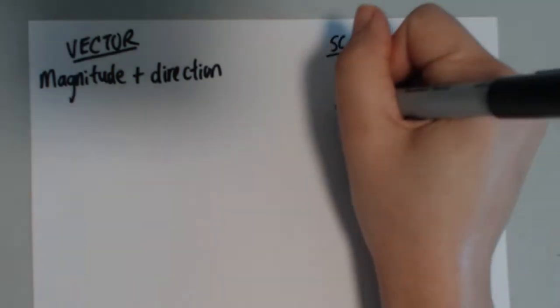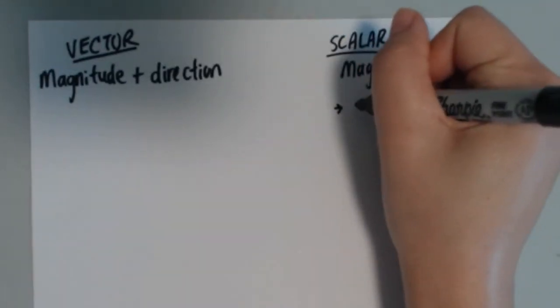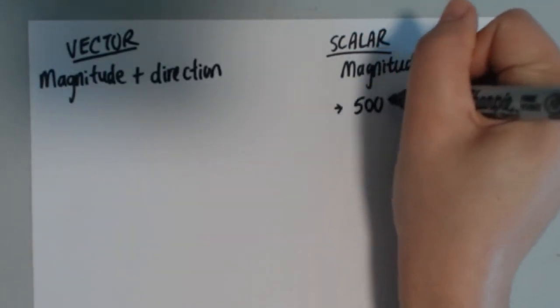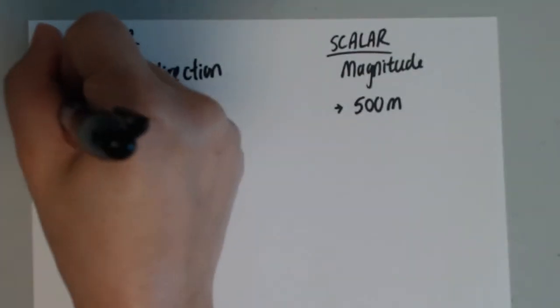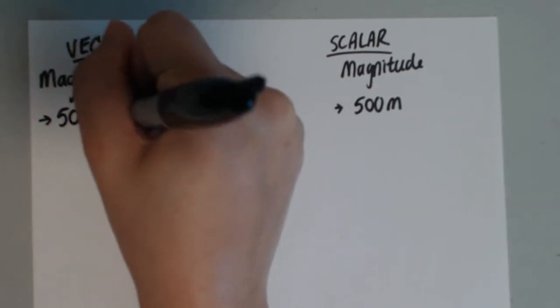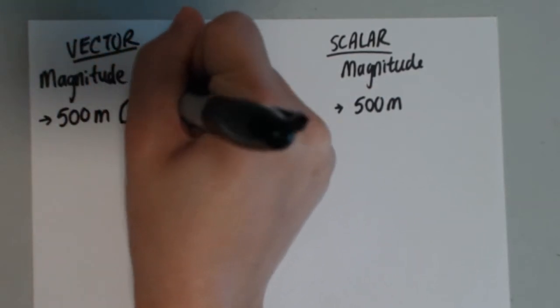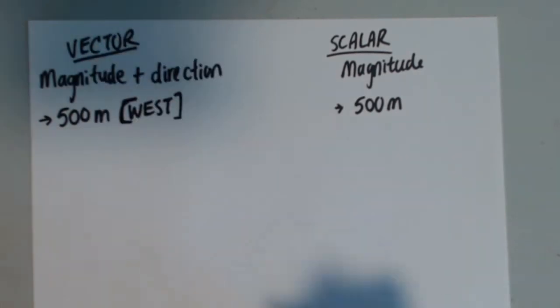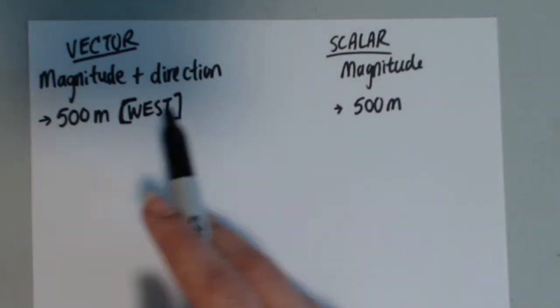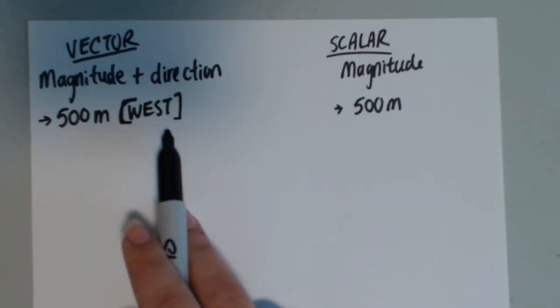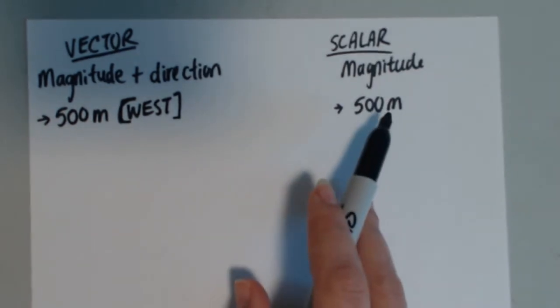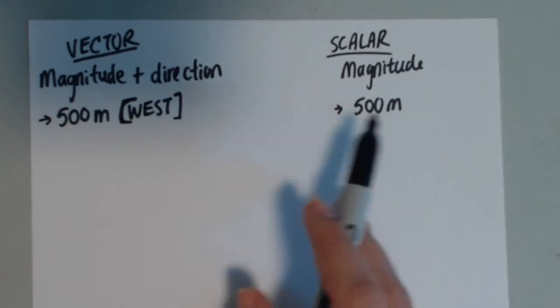For example, if I say that Susan has driven 500 meters, then I can add a direction onto that and say that Susan has driven 500 meters [west]. Notice that I'm putting the direction in square brackets. That's generally the way it's done. So scalar, vector. Between these two, all I had to do was stick the direction on the end of it. Not all scalar quantities can have a direction stuck on the end and become a vector.